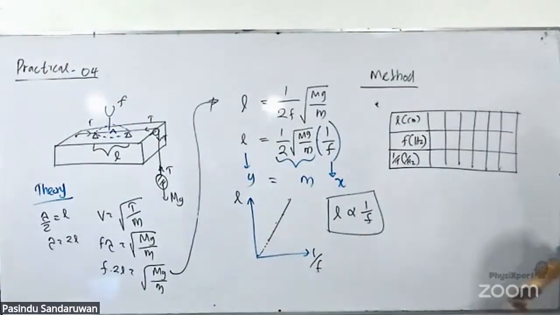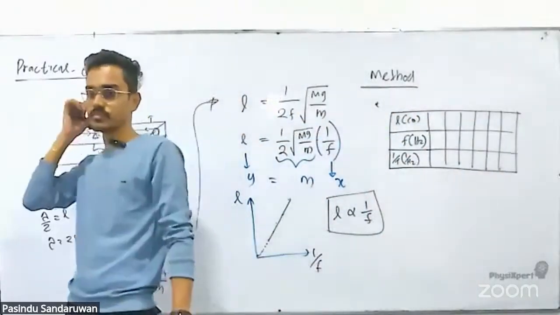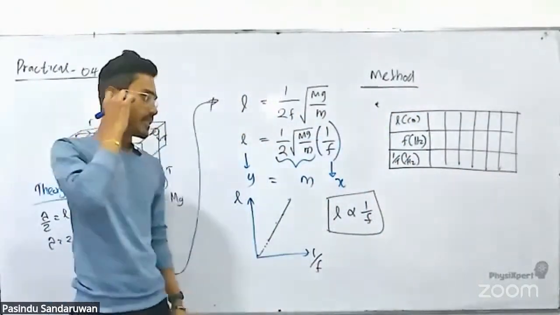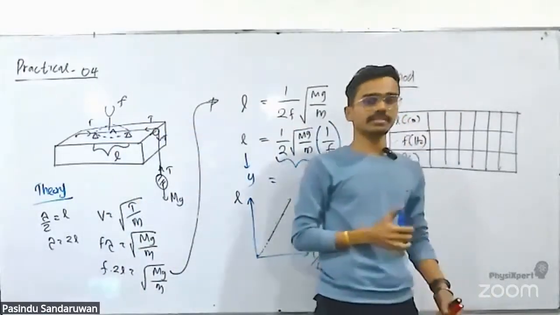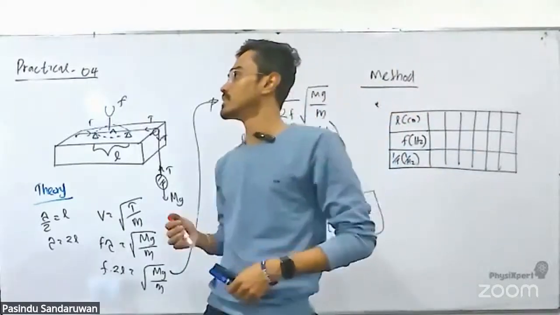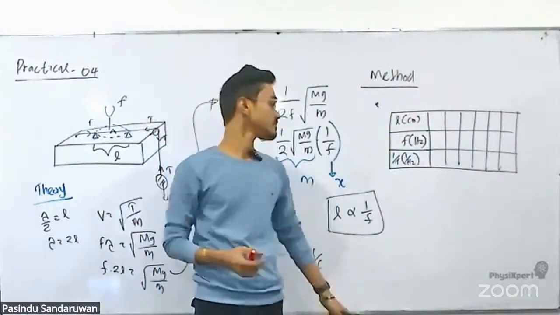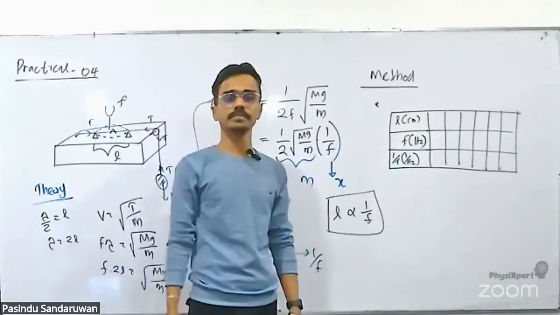Right? Last point. Verify the relationship between L and 1 over f as discussed under theory.